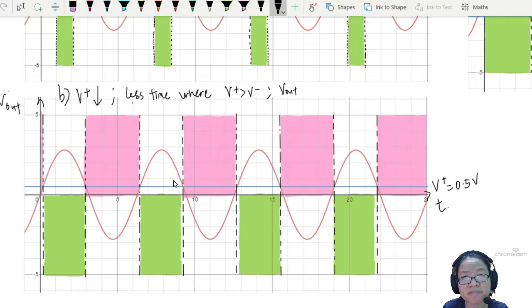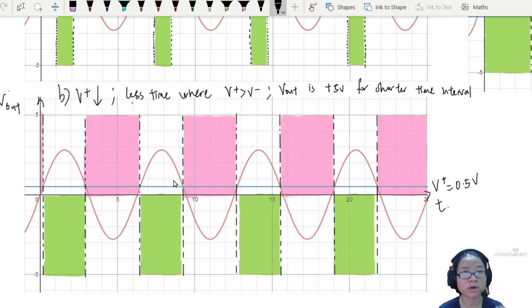So I can say that V out is positive 5 volt for a shorter time interval. If V out is positive 5 volt for a shorter time interval, then what can you conclude? We can obviously say that the red LED is on for a shorter time interval.